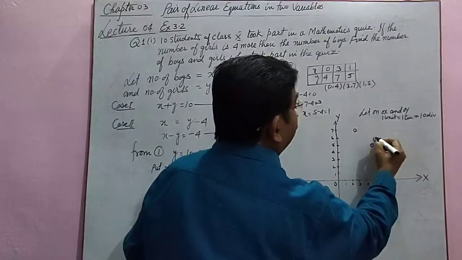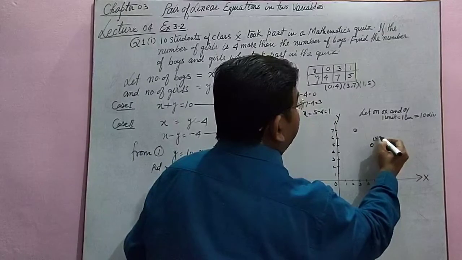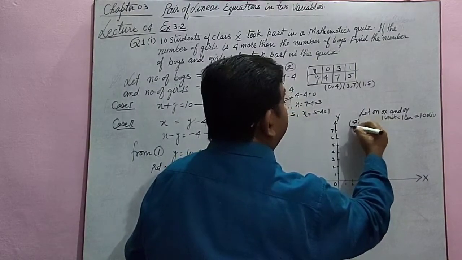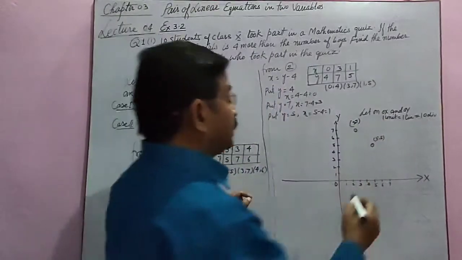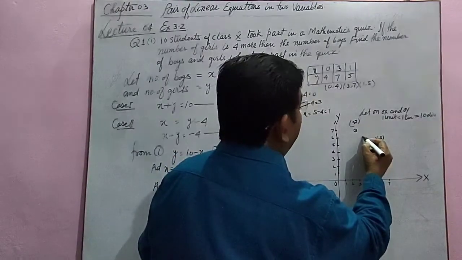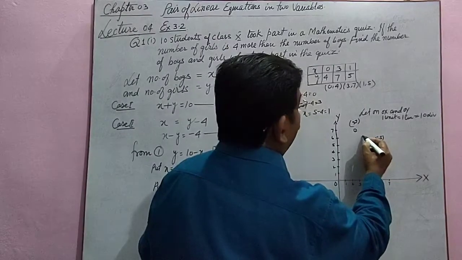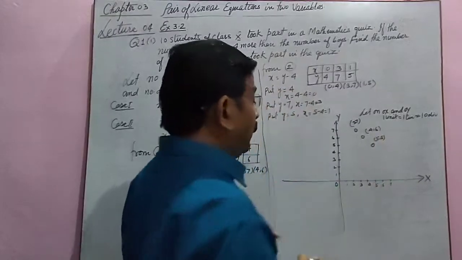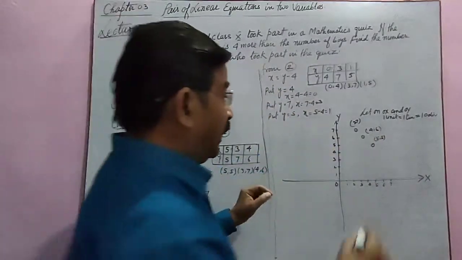You can write the point. This one is (5, 5), this one is (3, 7). Another one is (4, 6), x is equal to 4 and y is equal to 6, this point. You see, all 3 points are in a line.